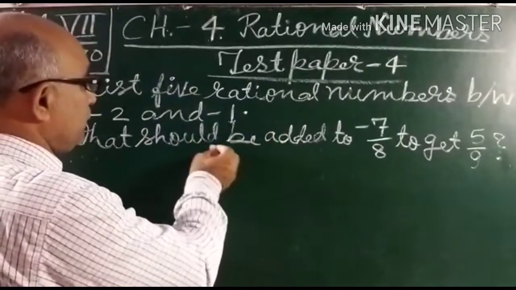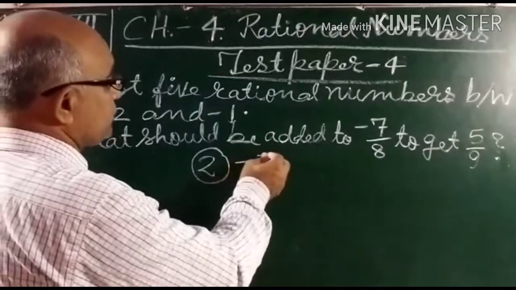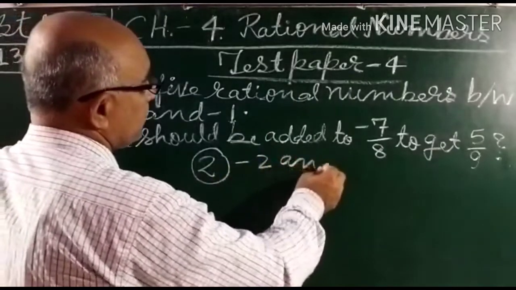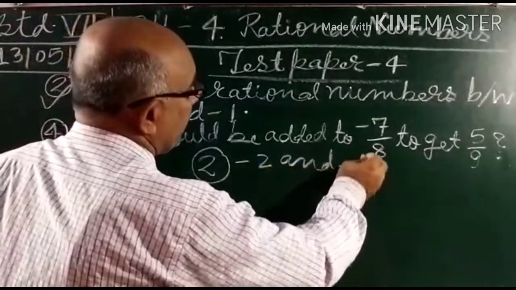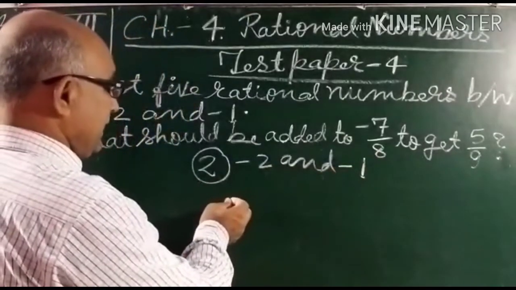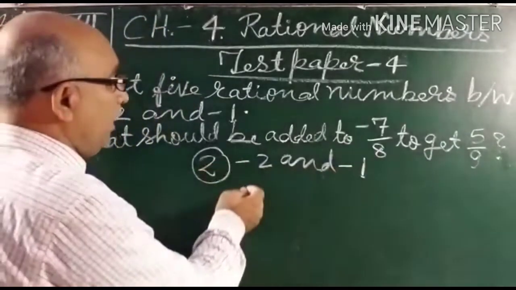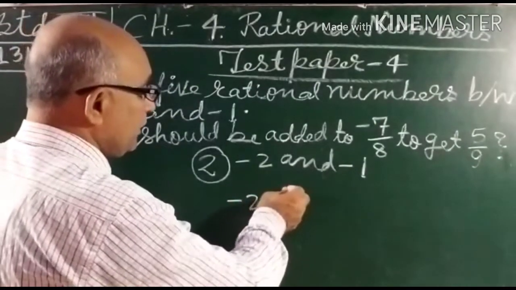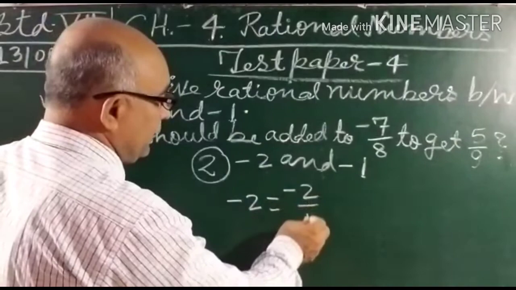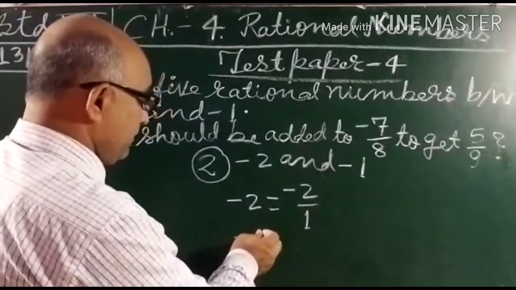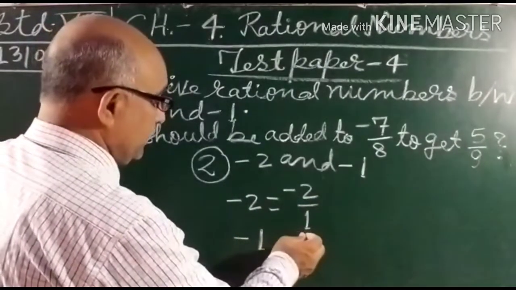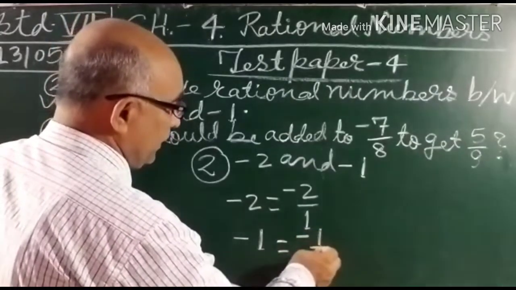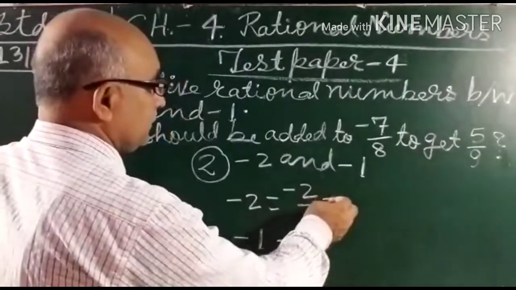So question number 2. -2 and -1 expressed in the form of rational number p by q. So -2 equals -2 by 1 and -1 equals -1 by 1.